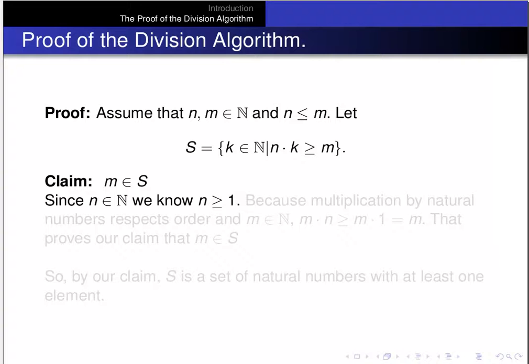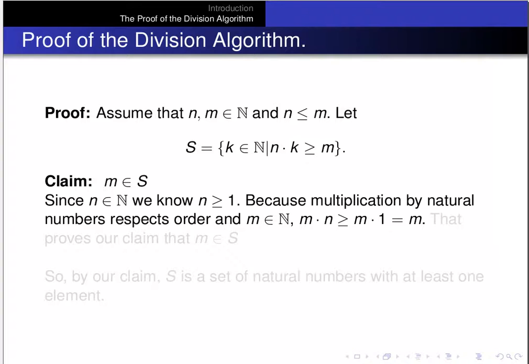Why is that? Well, n is a natural number, so we know it's greater than or equal to 1. We also know that multiplication by natural numbers respects order. m is a natural number, so if we multiply the inequality n greater than or equal to 1 by m, we get that m times n is greater than or equal to m times 1, which of course is m.